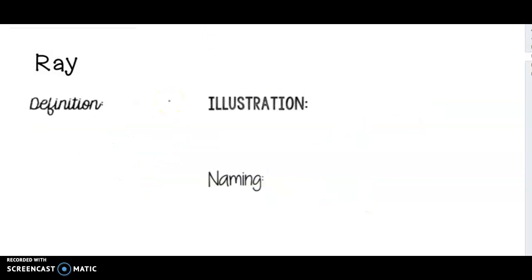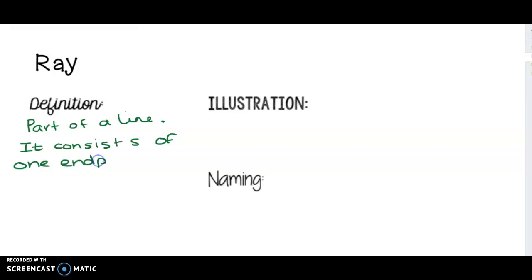All right, let's go next to the ray. So under the ray flap, we're going to write the definition. A ray is simply part of a line, and it consists of one endpoint and then it goes forever in one only direction.